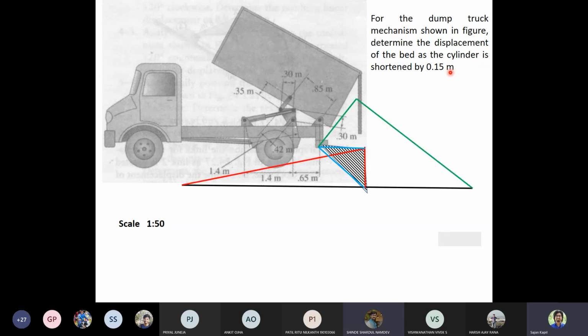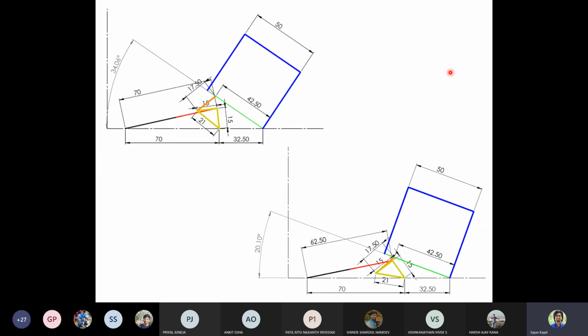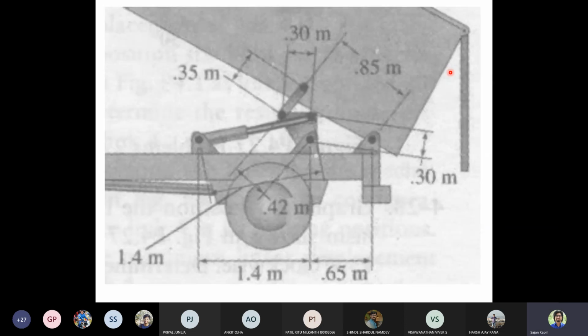Fine. These are some steps I'm showing. Okay, this is the bigger version. If some of you may not be able to see, you can see that this is the bigger image of the same thing.